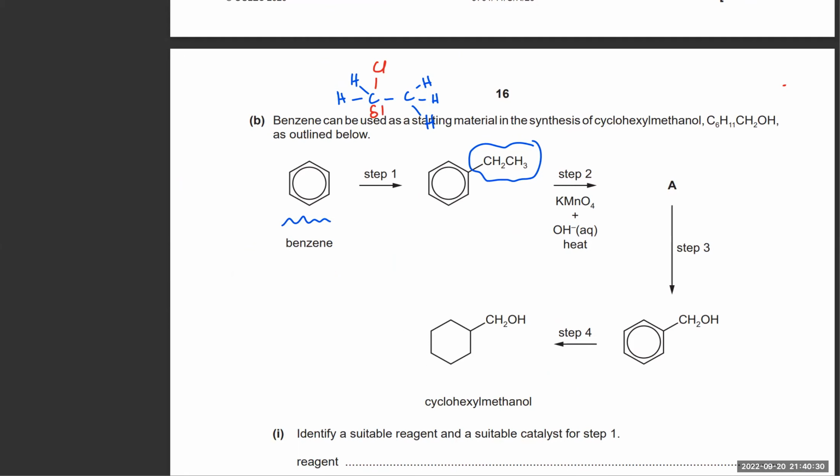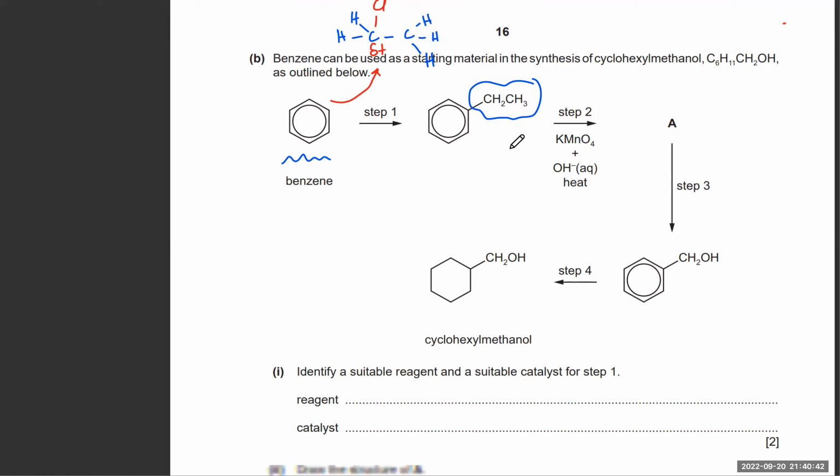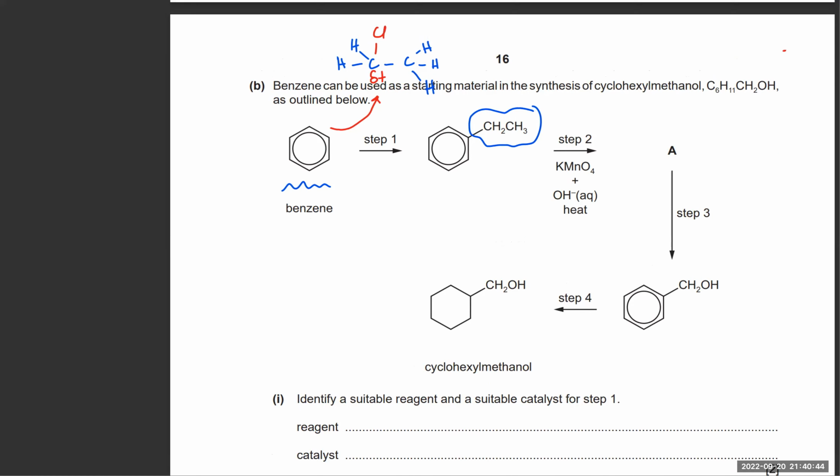So the carbon becomes positively charged. When it becomes positively charged, it gets attracted to the benzene, and that's the point where the carbon will get attached to benzene, and that's how the alkyl chain gets attached to it. So the reagents and conditions that are required, the reagent is going to be this thing. It's going to be chloroethane.